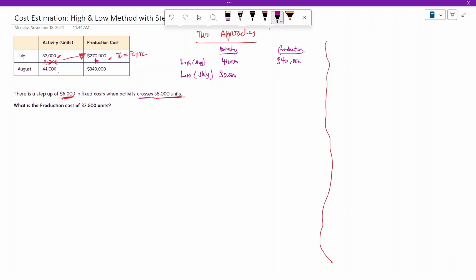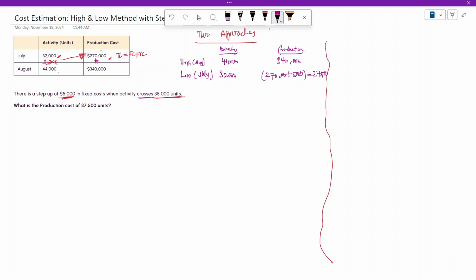However, we are assuming that the activity has crossed 35,000. If it crosses 35,000, the fixed cost component will increase by 5,000. We are going to add 5,000 to it, so 270,000 plus 5,000 gives us 275,000.